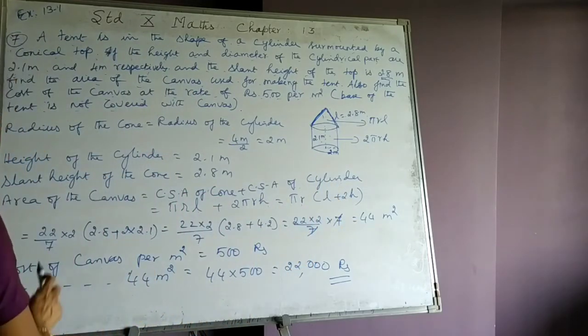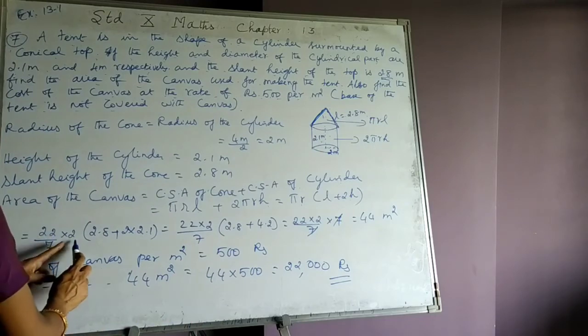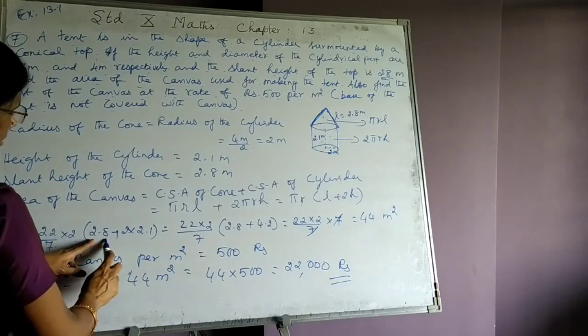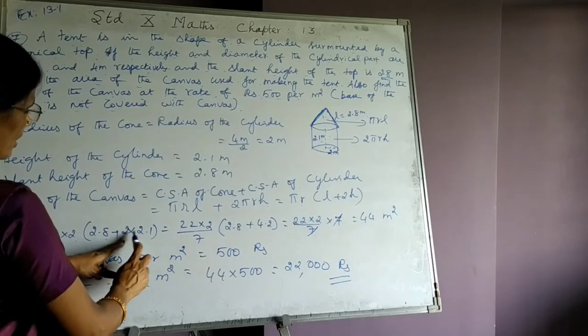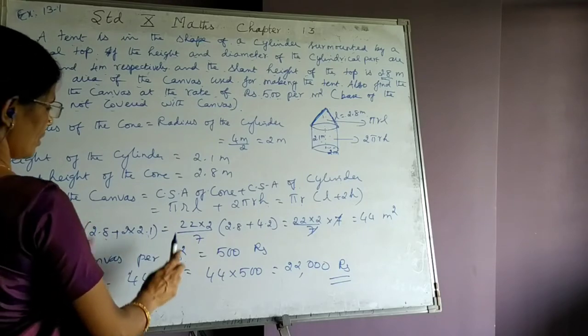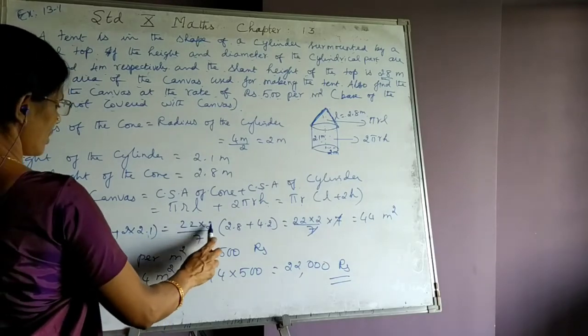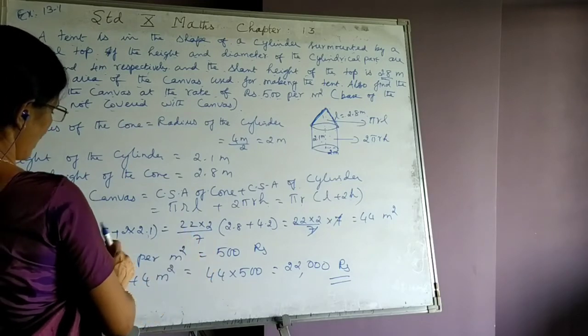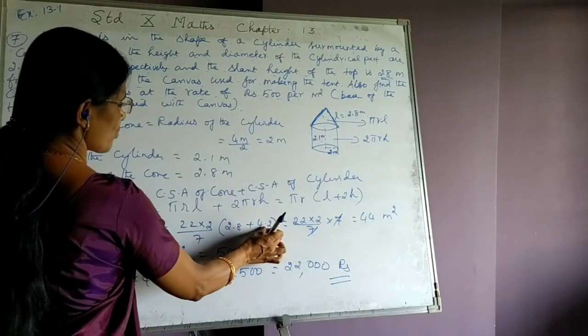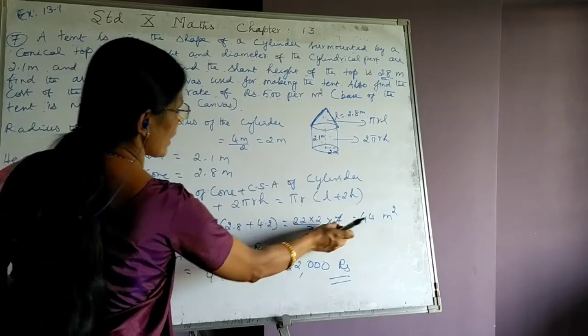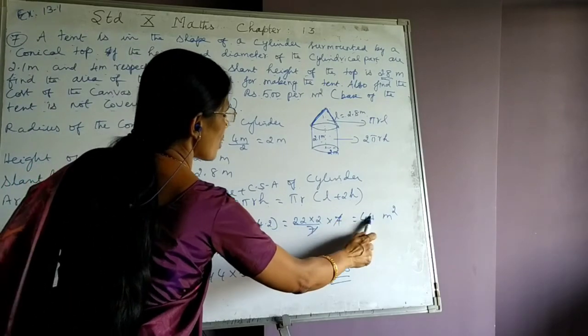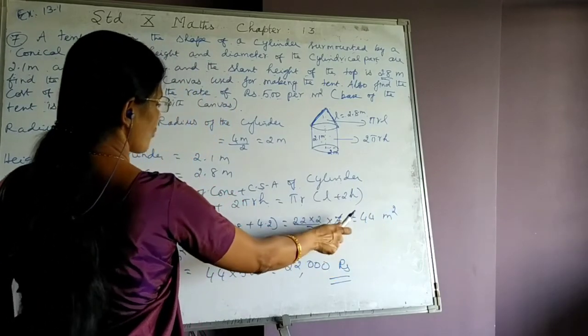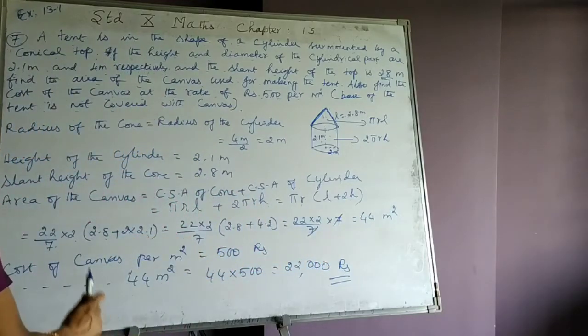So substituting the values of pi, which is 22 upon 7, R is 2, L is 2.8 given, 2 into H, H is 2.1. So we get here 22 into 2 upon 7, 2.8, multiplying this we get 4.2. Adding these two we get 7, 7 gets cancelled. 44 meters square is the area of the tent, the area of the canvas to be covered for the tent.